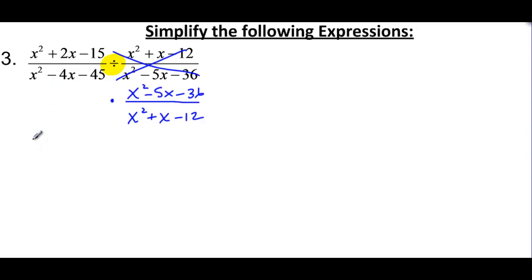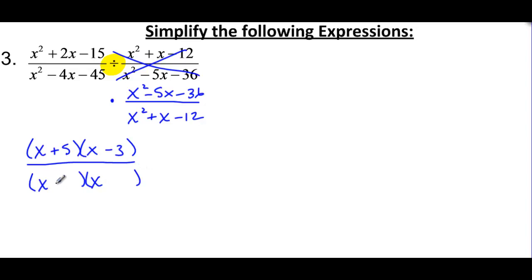In the numerator here, it's just a trinomial. So I'm going to get a plus 5 and a negative 3. Again, it gives me a negative 15 and a positive 2. In the denominator, I have my x times x for my trinomial. I'm going to have a negative 9 and a positive 5. Multiplies give me negative 45, adds to give me negative 4.